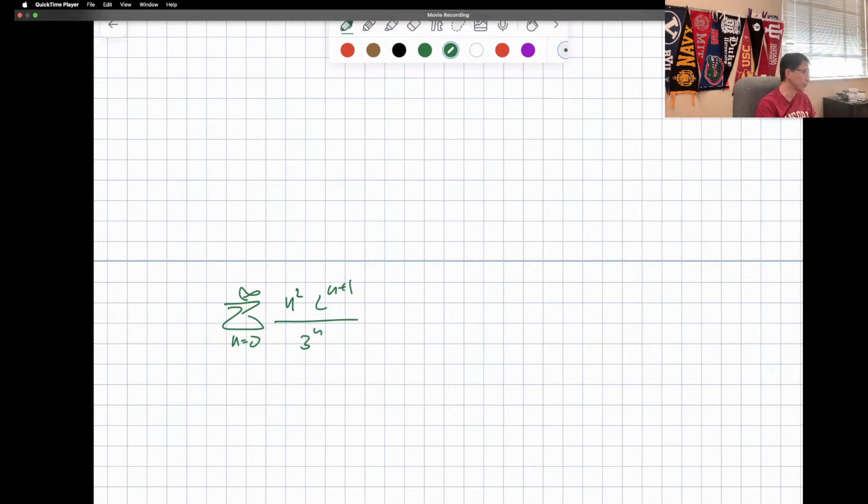Can you rewrite it as 2 to the n times 2 to the n plus 2? Which is times 2. And the limit is 2/3.